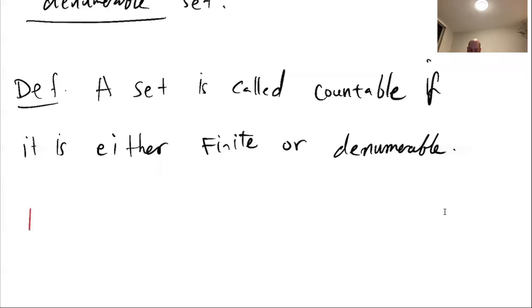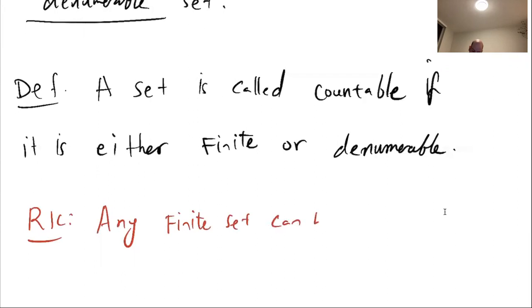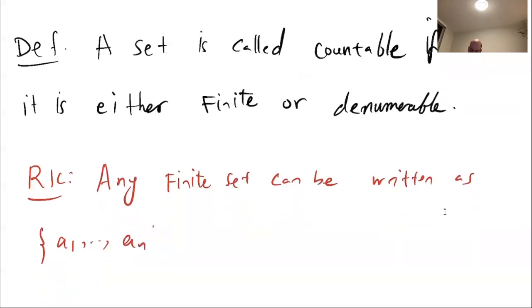So, a remark here. Any finite set can be represented as, let's say, A1 to AN, that is, it can be written as A1 to AN for some integer n.